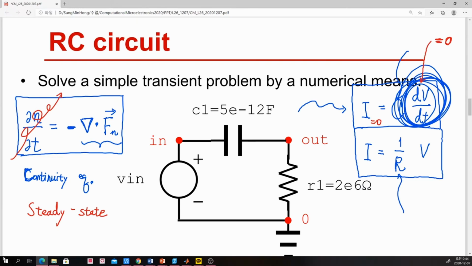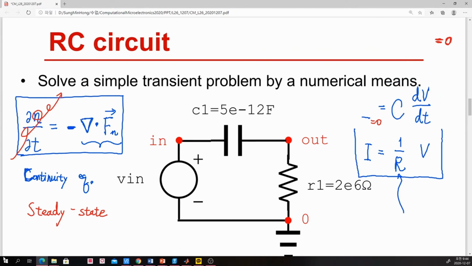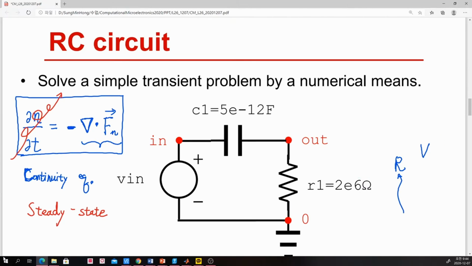think about this RC circuit. Are you really interested only in the steady state solution? Can you live only with the steady state solution for this RC circuit? No. The main reason you are working with this RC circuit is that you want to use it as a filter.